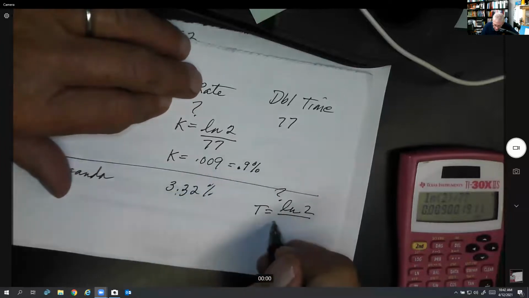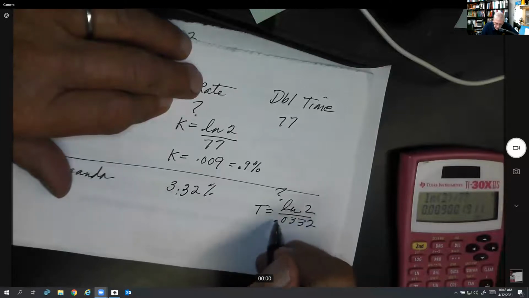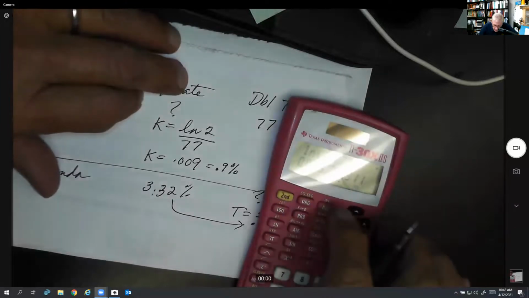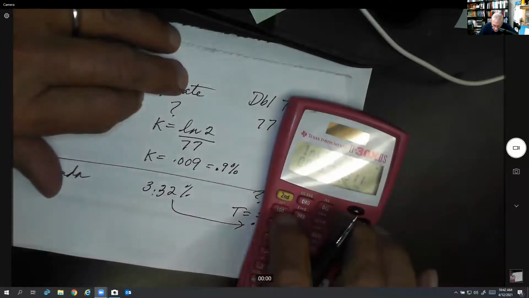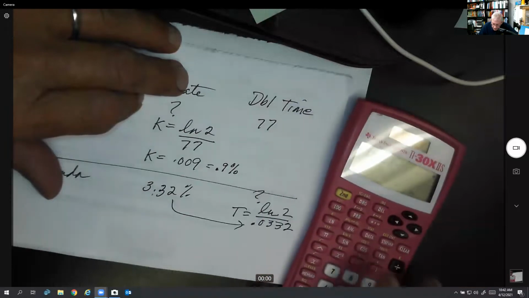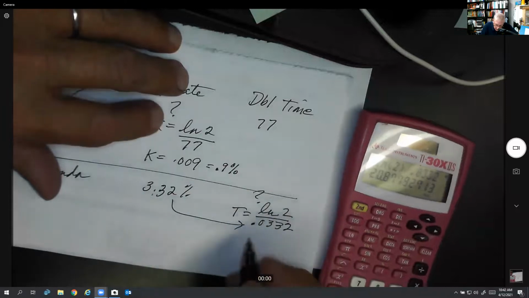This has to be a decimal always. So we do have to change that to a decimal. ln2 divided by 0.0332. 20.87 years, or 20.9 years.